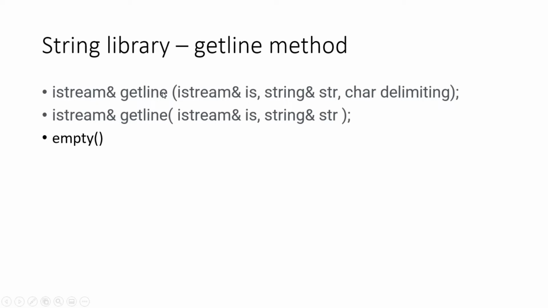Whenever you see a method, whatever comes before the name of the method is the return type. In our case, getLine returns an istream, an input stream, as a return type, and whatever you see between these parentheses is the input. So the getLine method returns an input stream, or I should say a reference to an input stream.